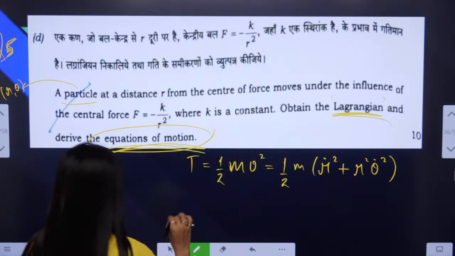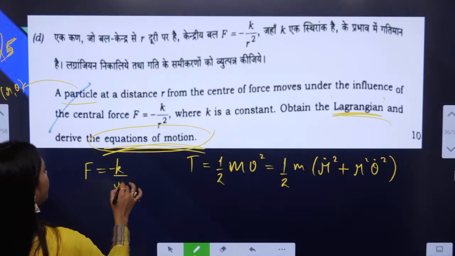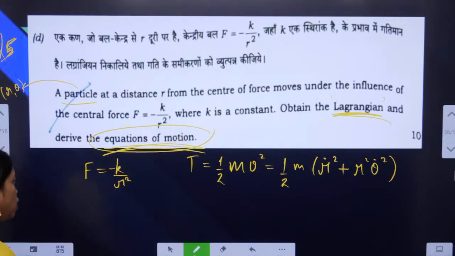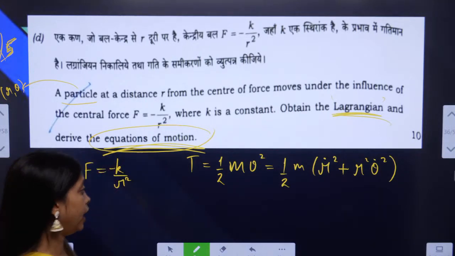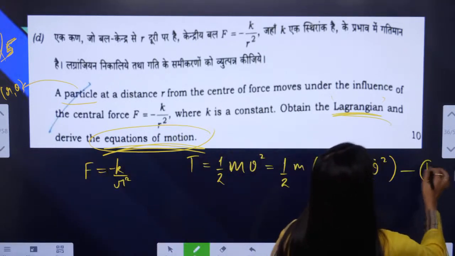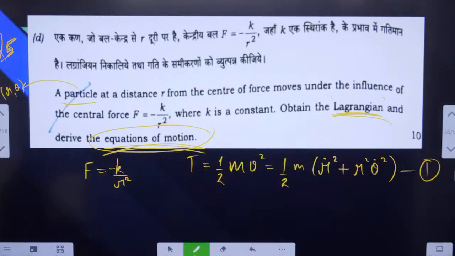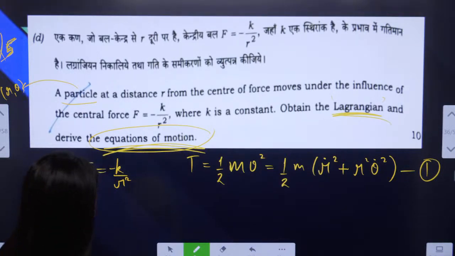T is done, and F is already given as minus k by r square, where k is a constant. So this will help you to actually calculate your potential energy. So this is the kinetic energy from equation 1. How will F help you to calculate the potential energy?